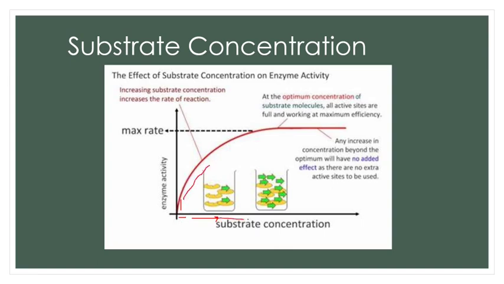Further you increase the substrate concentration, a time comes when, irrespective of it, the velocity at which the enzyme works becomes constant. Even if you increase the substrate concentration beyond this, there will be no added effect, as there will be no active sites available, and therefore at optimum concentration of the substrate, the enzymatic activity becomes maximal.